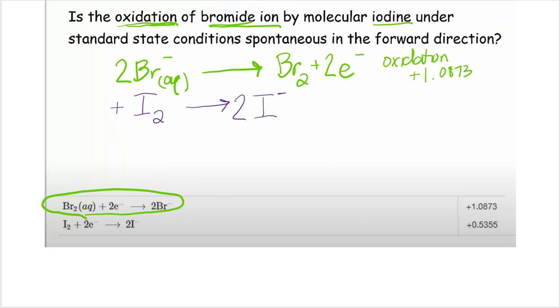And obviously we need to balance this out. On the right side, I have 2 negatives, so I need 2 electrons on the left. And we can see down here on my reduction table, I2 plus 2 electrons gives me 2 I negatives, and that value is 0.5355. That's a positive value, and this is my reduction.